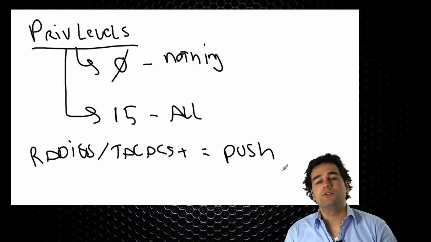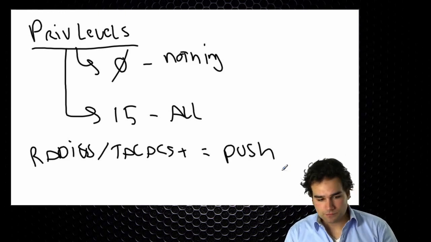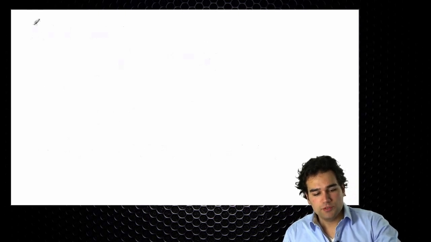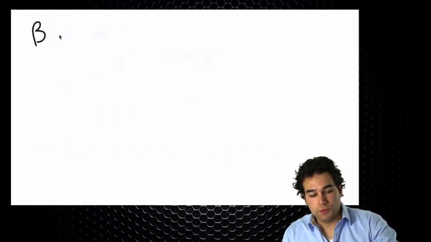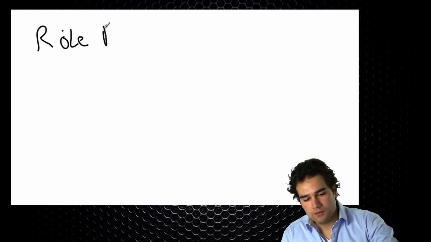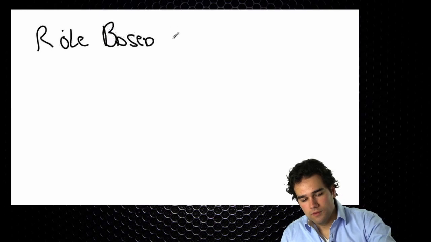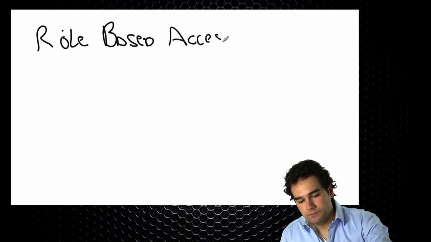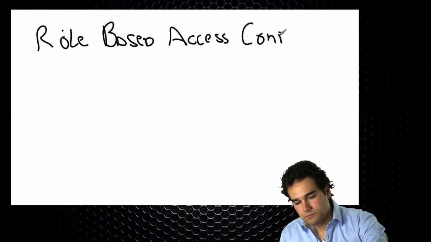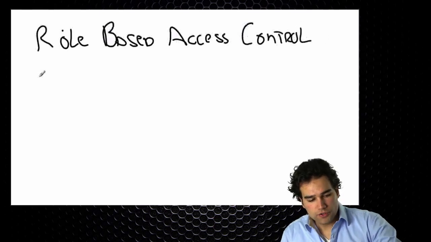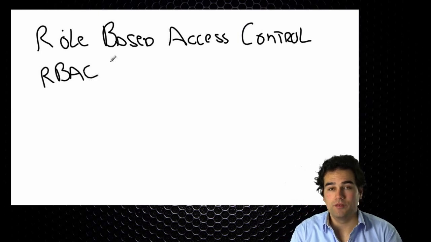And with the Nexus, that also means with the UCS. With the UCS, we are using a concept that everybody is using currently in all newer equipment, known as role-based access control, or RBAC for short, whatever you want to call it.